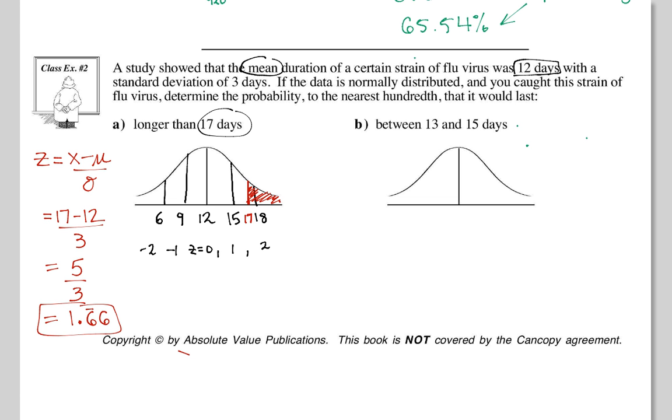So now, that's where you switch gears to this guy. Do you need a chart? And then you got to find the area that matches the z-score. So 1.66.